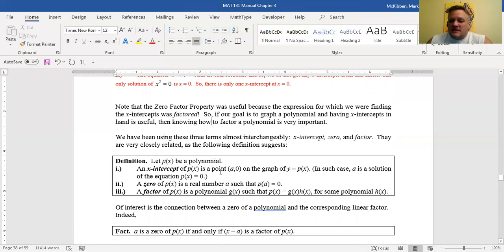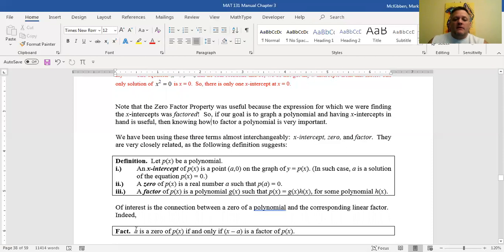It means exactly the same thing as an x-intercept, just a different way of phrasing it. And then here, a factor of a polynomial is another function that when you multiply it by some other polynomial, you get it back. So just think of a factor of any polynomial as an expression that if you multiply by a simpler one, you get back the original.